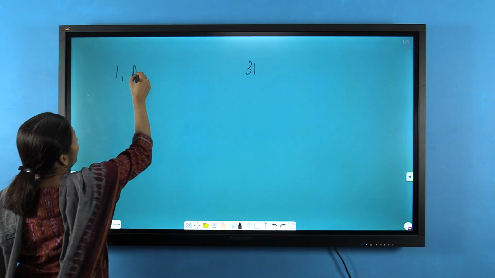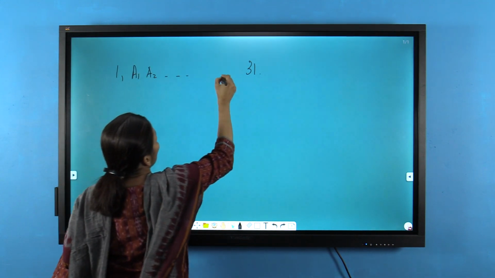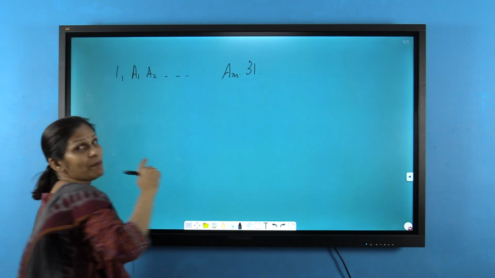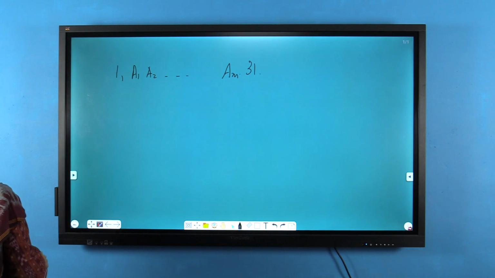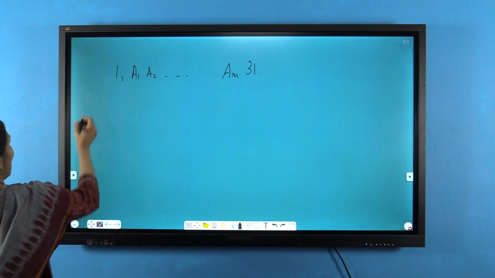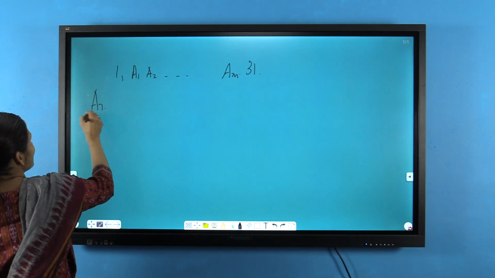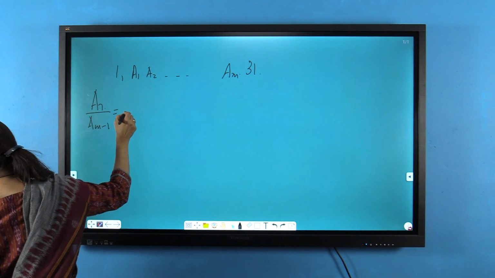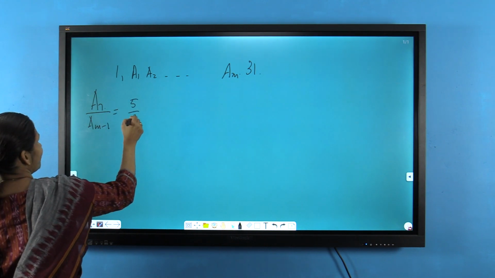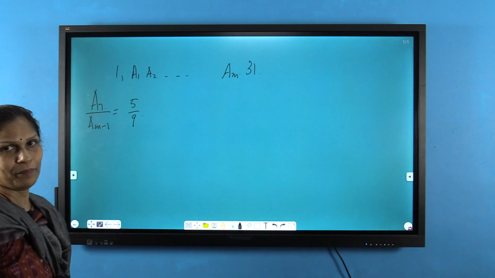So, A1, A2, etc. AM. These are the M numbers inserted so that you have an AP, and the ratio of the 7th to the M minus 1th terms inserted is 5:9. Find the value of M.